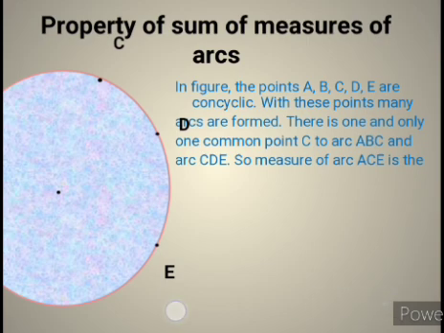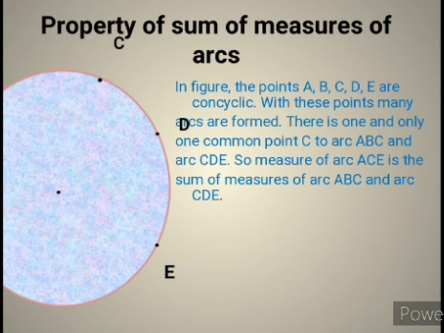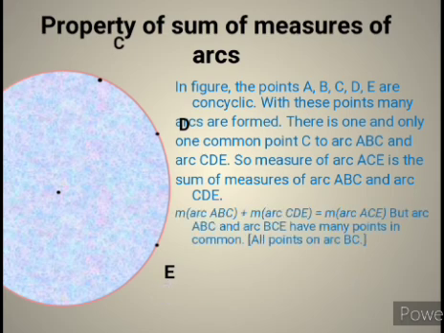So the measure of arc ACE is the sum of the measures of arc ABC and arc CDE. That means measure of arc ABC plus measure of arc CDE is equal to measure of arc ACE.